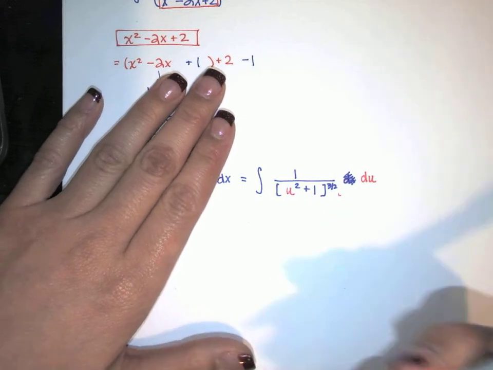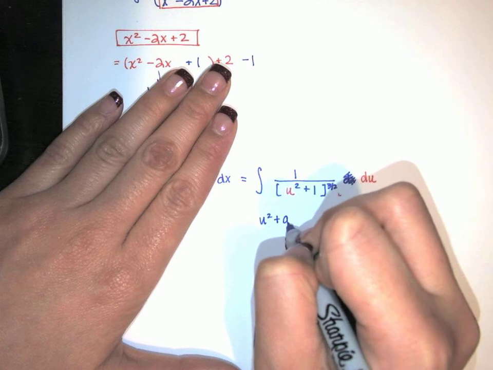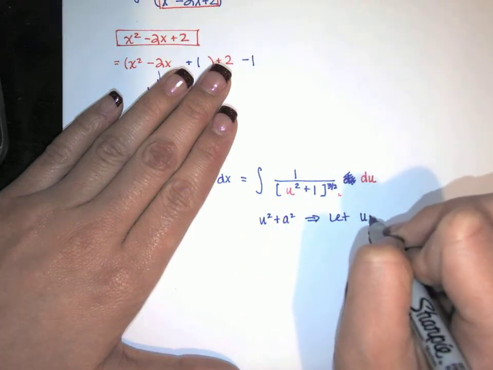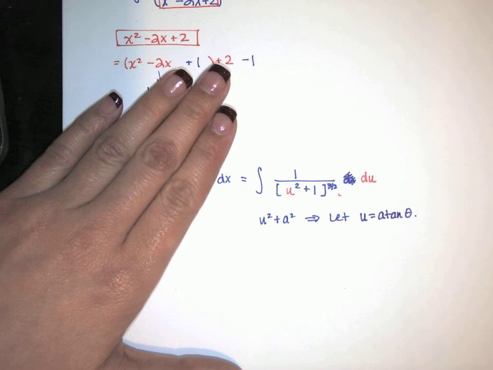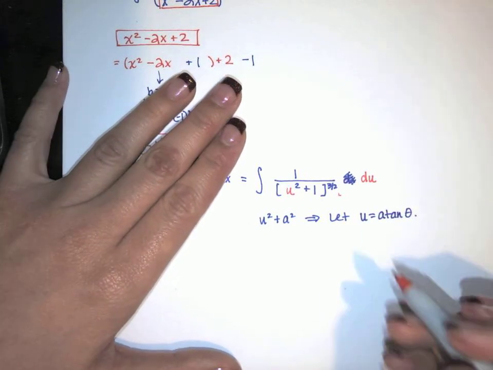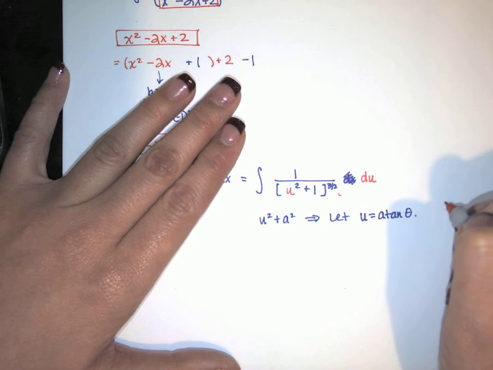So I identify a squared. So u squared plus a squared implies we want to let u equal a tan theta, and we're going to do the trig sub from here. So we need to find a, and find u and du and all that jazz. So this is our prepare to substitute step.